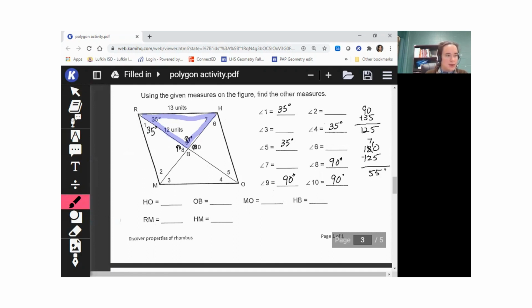And that is angle 7. And then if we use our line of symmetry, it's also angle 6. And if we use our other line of symmetry, then that tells us that angle 2 and angle 3 are also 55 degrees.